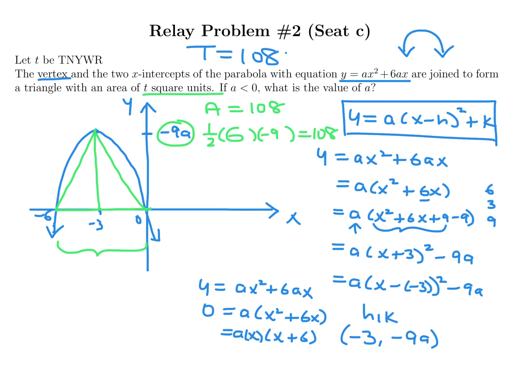Okay, so that means 3 times 9 is minus 27a equals 108, and therefore a would be negative 4. And that is consistent with what they told me, that a is less than 0. A is less than 0, and therefore a equals negative 4 is consistent with that.